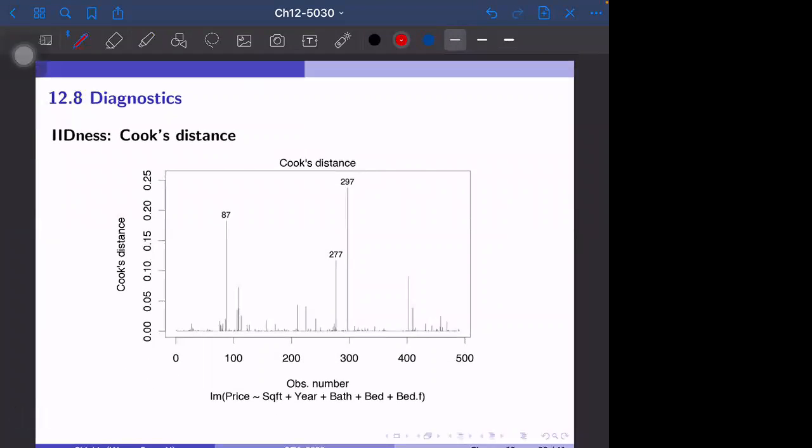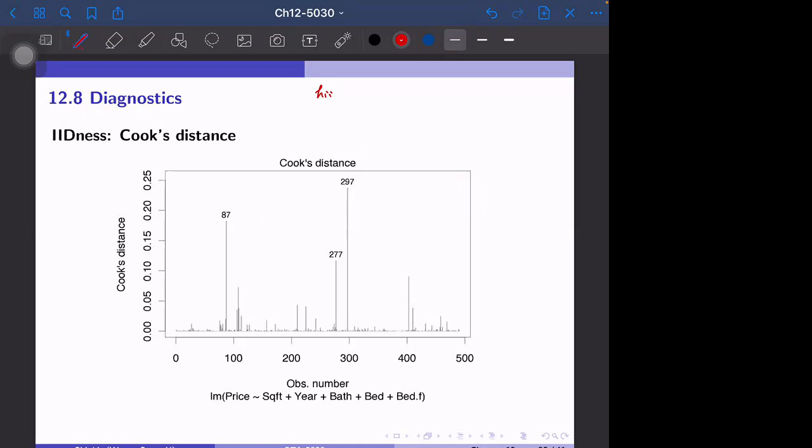The next diagnostic plot is the Cook's distance. Cook's distance represents how much each observation affects the regression line. h_i, or h_ii on the previous page, is called leverage, and it is based on the value of X. So if the X value is far away from the center, it has the potential to have a large impact on the regression line.